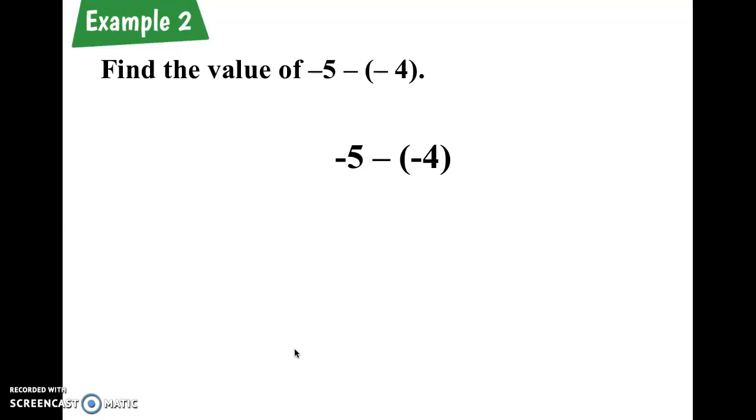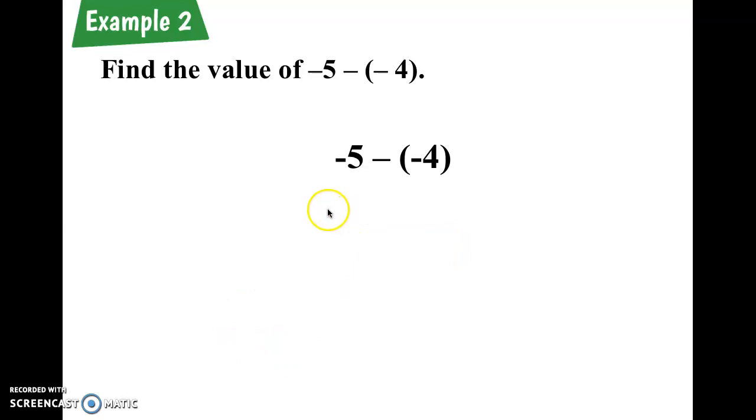This says find the value of -5 minus -4. We are going to use keep, change, change, but I also want you to think of this as taking away your negativity. If you're having a bad mood, a negative attitude, you're kind of cranky, and I try to take away that negativity, I'm going to attempt to make you more positive.